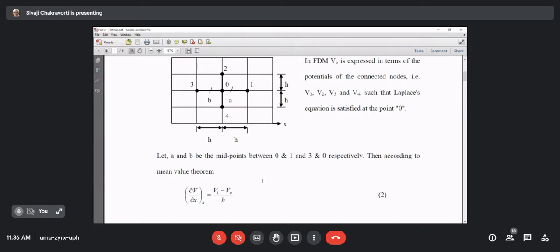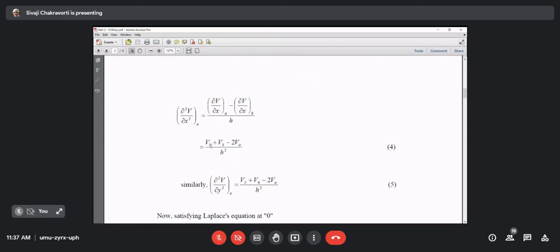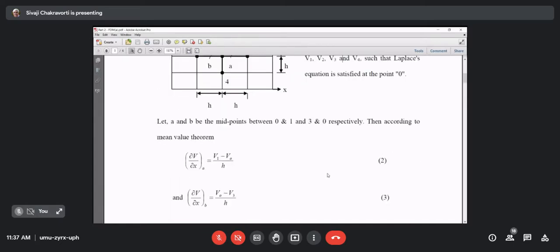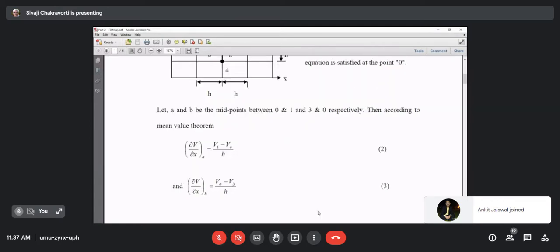So from the two expressions of del V del x, I can now go for the second order derivative, that is del 2V del x square at the node 0, which can be related to del V del x at A and del V del x at B. How? Very simple. The del 2V del x square at the node 0 should be equal to del V del x at A minus del V del x at B by H. Now why H? Because what is the distance between A and B? That is definitely H, because A and B are the midpoints.